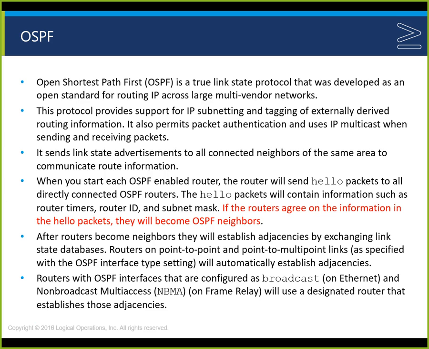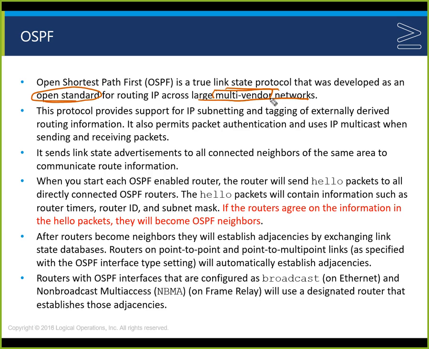OSPF, Open Shortest Path First, which we've heard the term a little bit earlier, is a true link state protocol developed as an open standard for routing IP across large multi-vendor networks.